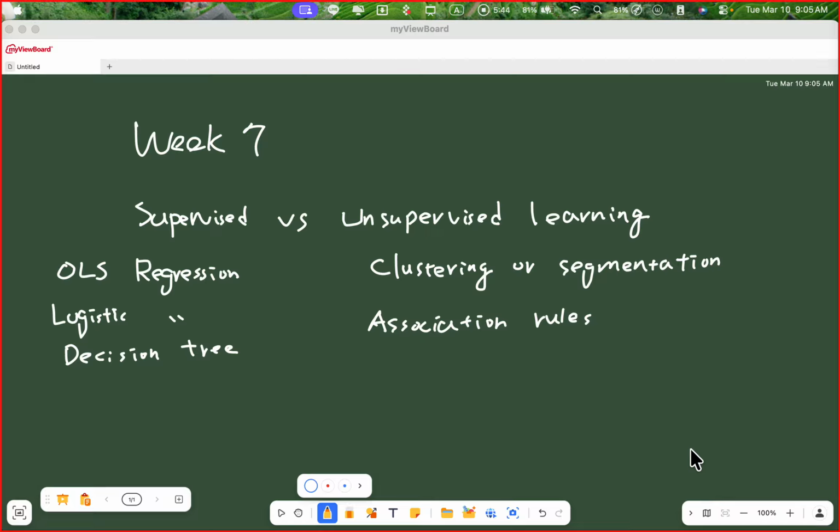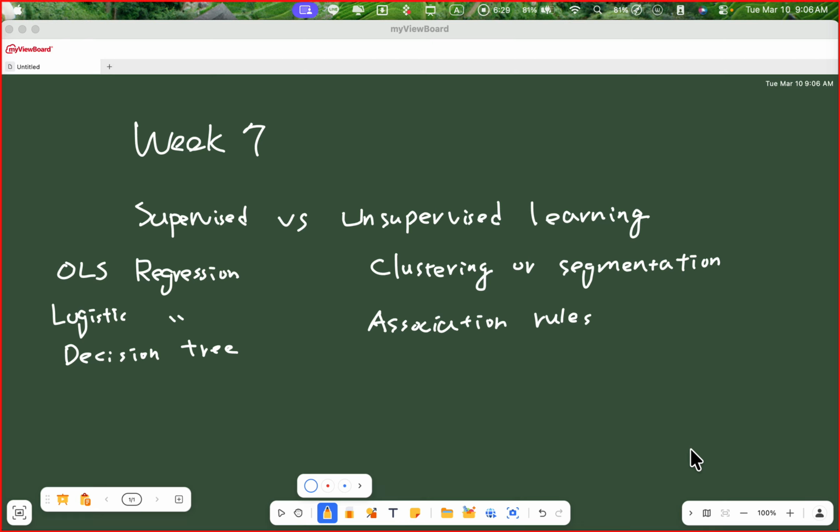Do you have any idea about that technique? Although regression is not so complicated, it's quite simple, right? Simple regression, multiple regression. But do you know why people call it ordinary least square? Because we want to do the supervised, especially the predictive model.